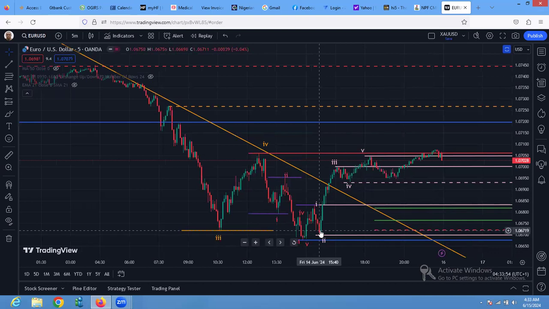If it's an ending or leading diagonal that we expect in a leading diagonal as a 5, 1, 2, 3, 4, 5, 3, 1, 2, 3, 4, 5, another 3, and the 4th wave here, the 5th wave here, which could be the 4th wave here has been taken. And that is what I said of an impulse. The impulse that is going to come will take this. If you are still doubting it, it has taken the 2. What are you waiting for? It has taken this 2 here.